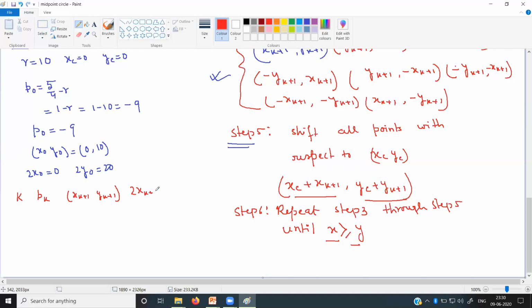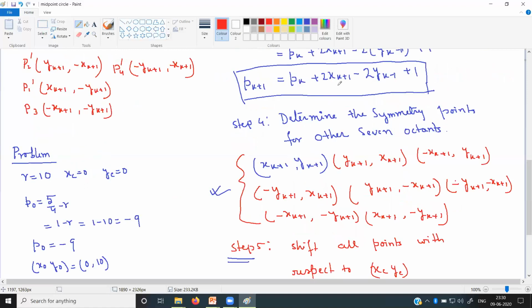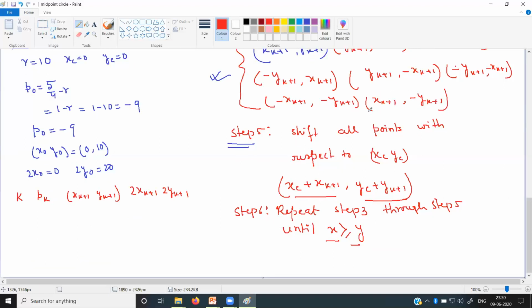Then we compute 2xk plus 1 and 2yk plus 1. And why are we computing so? For easy calculation: if you observe the equation for the decision parameter, all the x values are multiplied by 2 and the y values are multiplied by 2. So for easy computation purposes, we are doing so. Those are the different parameters we will compute.